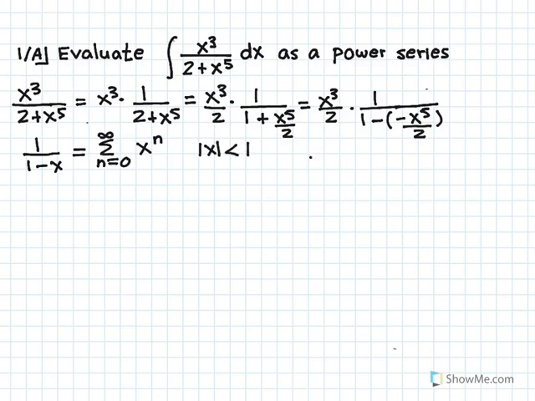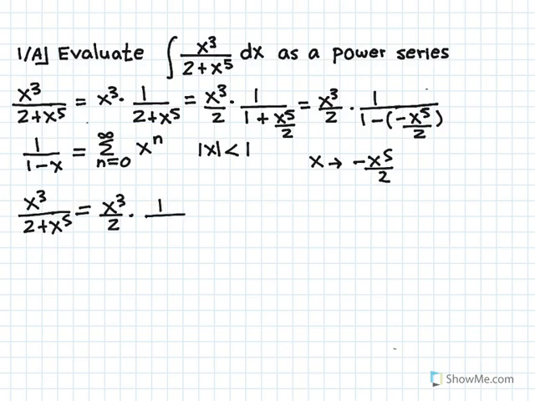So let's replace x by minus x to the power of 5 divided by 2 in the geometric sum formula, and we will obtain x cubed divided by 2 plus x to the power of 5. This is equal to x cubed divided by 2 times 1 over 1 minus minus x to the power of 5 divided by 2. Now it is this part that is a sum of a geometric series that we're going to represent by a power series.